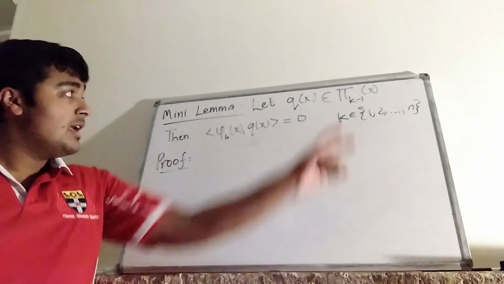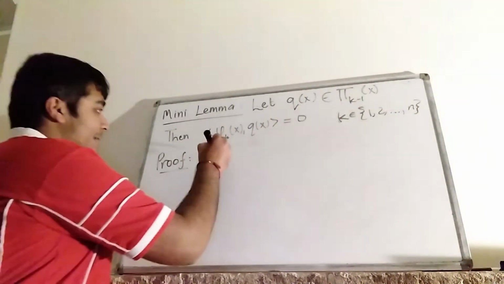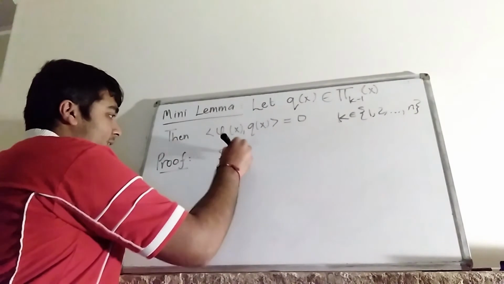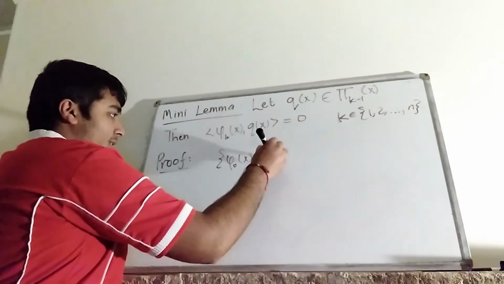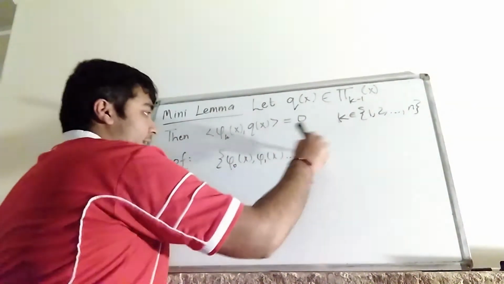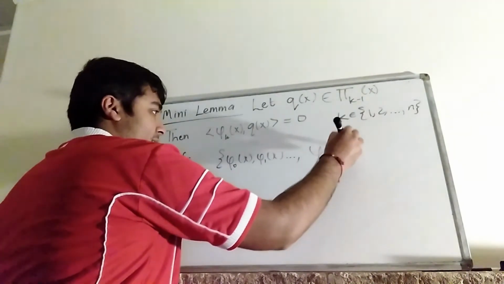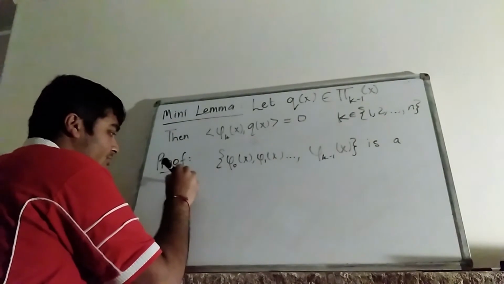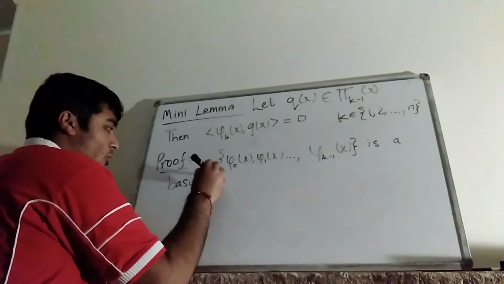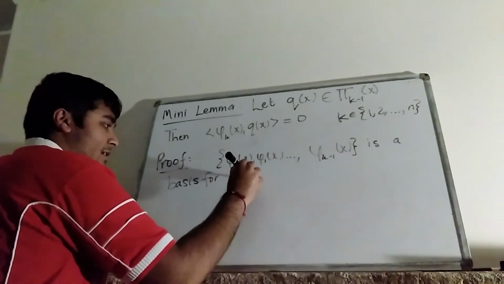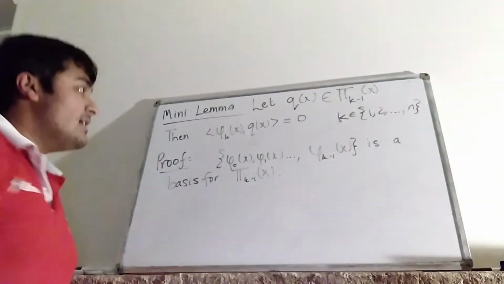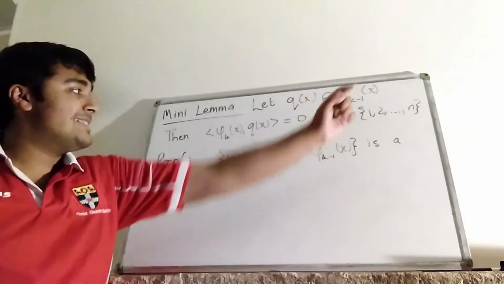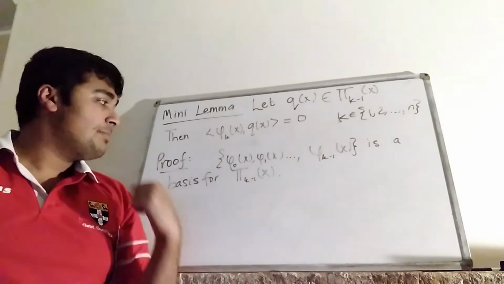It's not too difficult. We just use the fact that phi 0 of x, phi 1 of x, all the way up to phi k minus 1 of x, is a basis for Pi k minus 1 of x. So this means that, because q of x is in this space, this set spans Pi k minus 1.